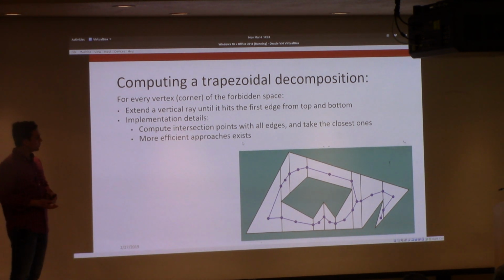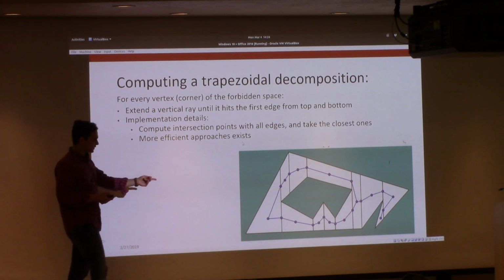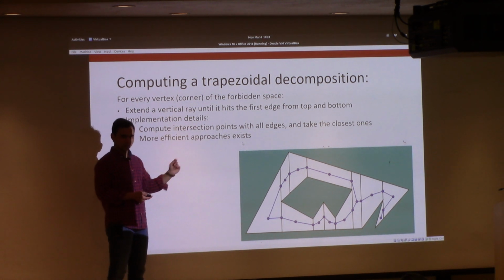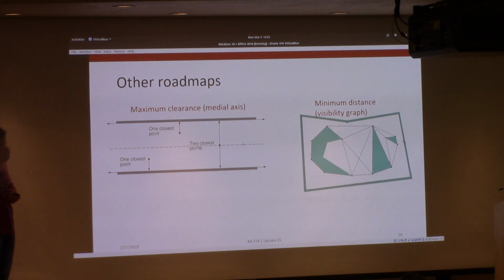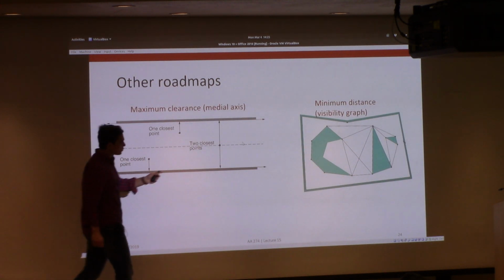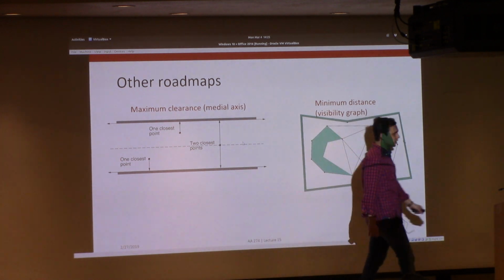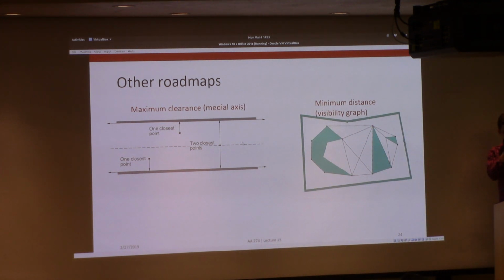And it turns out that you can't actually fix the trapezoidal decomposition such that it will guarantee an optimal solution. We will need to use a different approach for that. Okay, so the approach that I would like to mention to you is called the visibility graph.